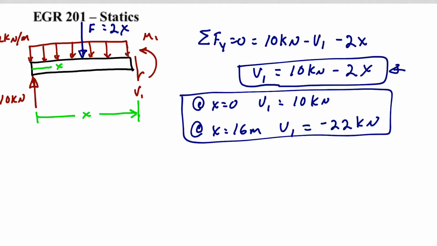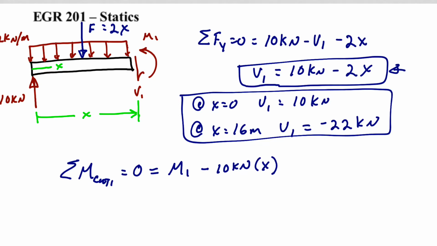Next, we want to solve for the moment. To solve for the moment, we have the sum of the moments at our cut 1 equals 0. We have M1, which is positive, we have a negative 10 kilonewtons due to the reaction force, the pin, times x.